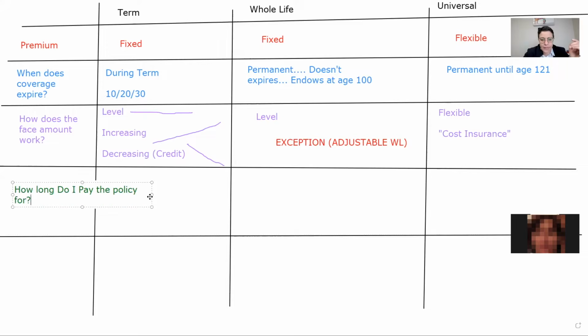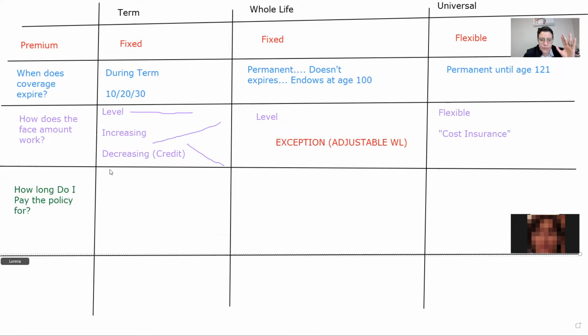This is where a lot of people get confused, especially on the different types of whole life policy, but I'm going to make it super easy for you. So in a term policy, it's very easy. If it's a term policy, you're going to be paying it until the term is over, okay? So paid until the term is over. So if it's a 10-year term, how long do I pay it for?